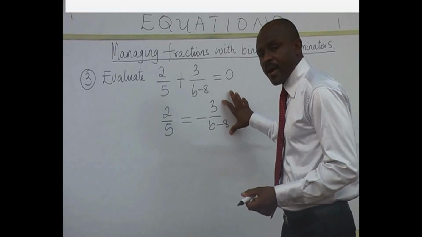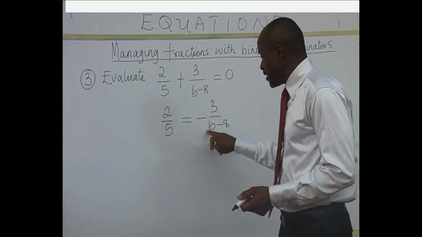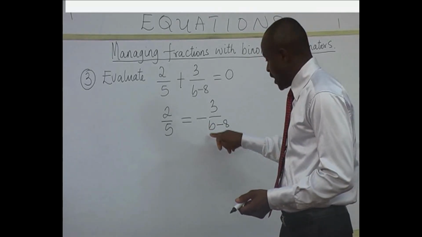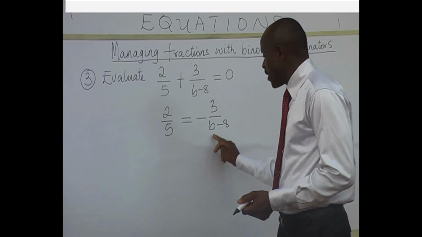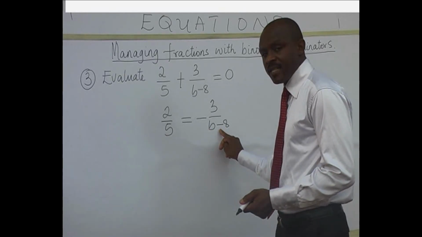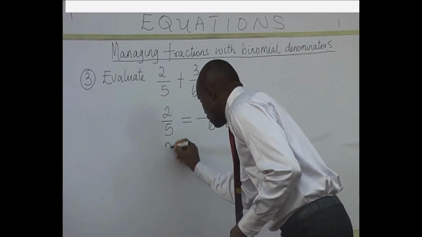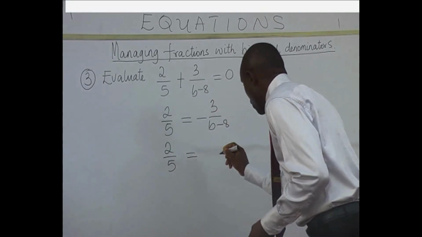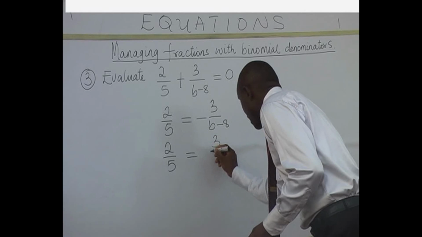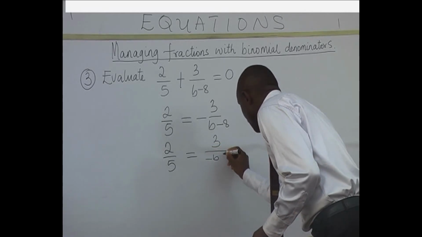In this concept now, this minus is going to change all the things you have in the denominator. It will change plus b, which is here, to minus b, and change minus 8 to plus 8. You are going to have 2 all over 5 in the left hand side now equal to 3 all over minus b plus 8.